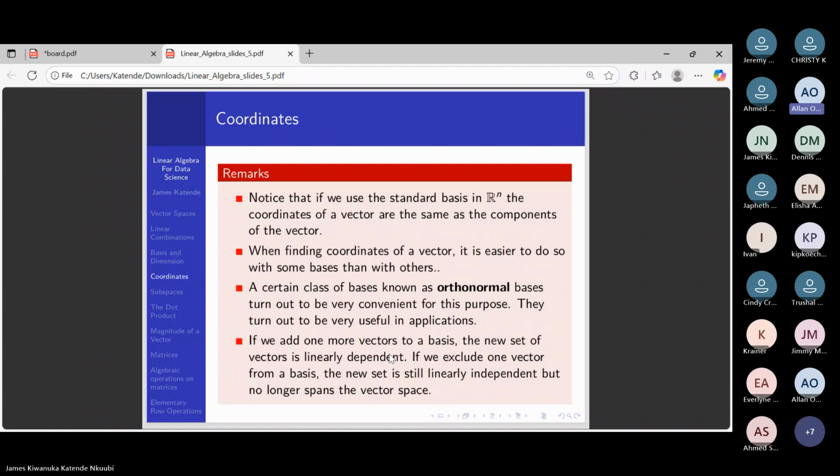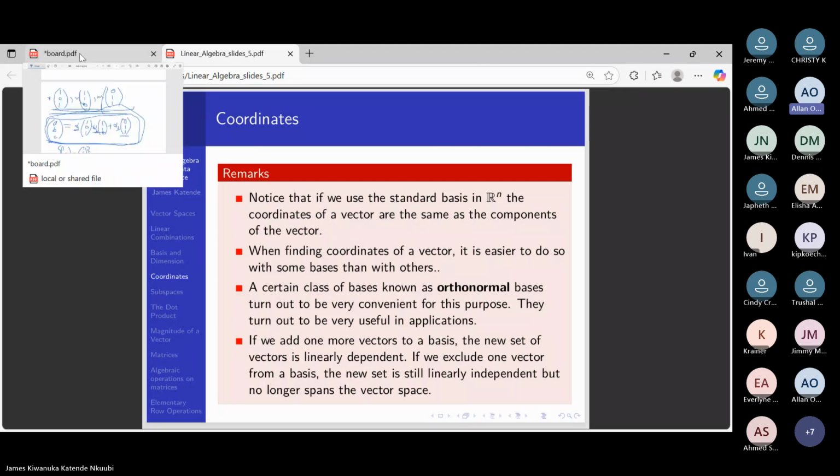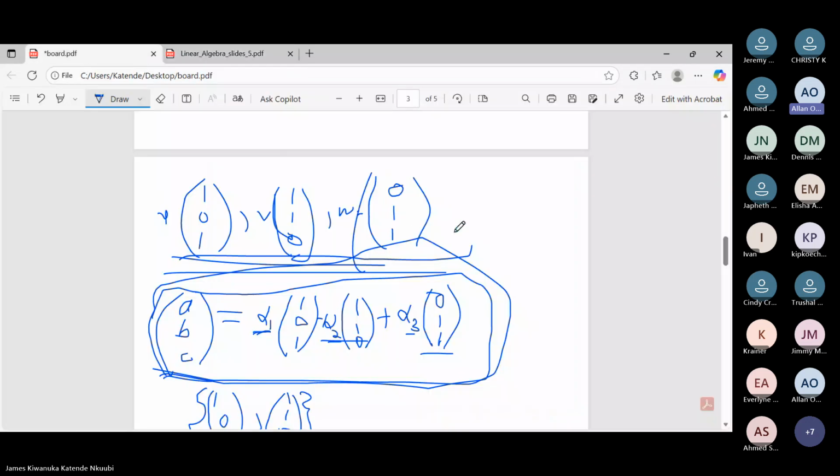Doctor, I have a question. Yes. I've noticed that you've given us different bases for the exercises compared to the bases that are given in the coordinates. Should we use them as they are? I don't understand. I'm saying the bases that you've given us for the exercise, these 1, 0, 1; 1, 1, 0; and 0, 1, 1.